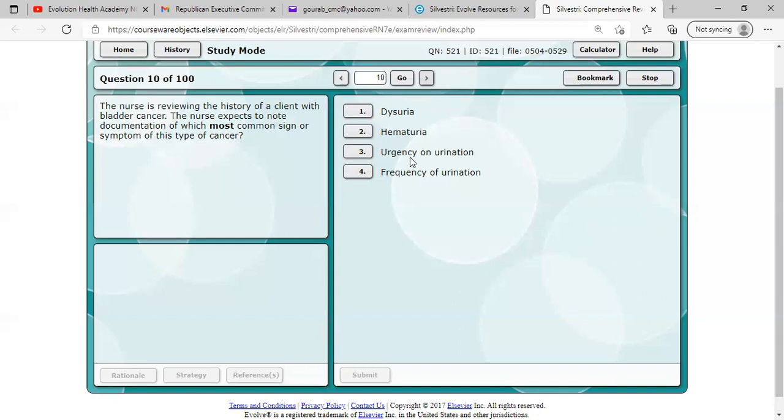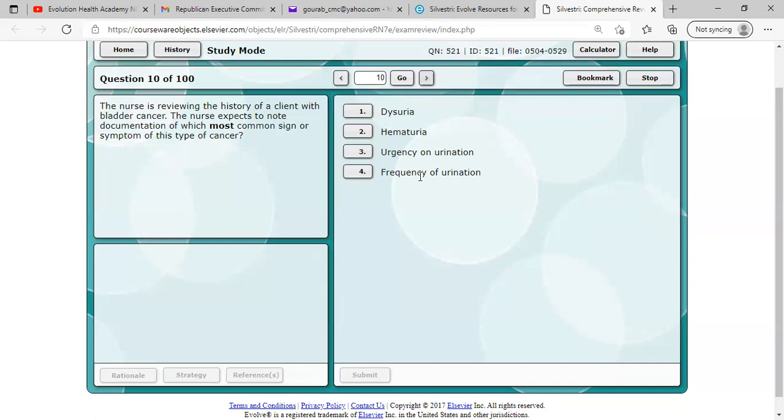Or urgency of urination, frequency of urination, right? Urinary incontinence is also very important. Or patients sometimes complain of abdominal pain, or low back pain if it has metastasized to the bones.